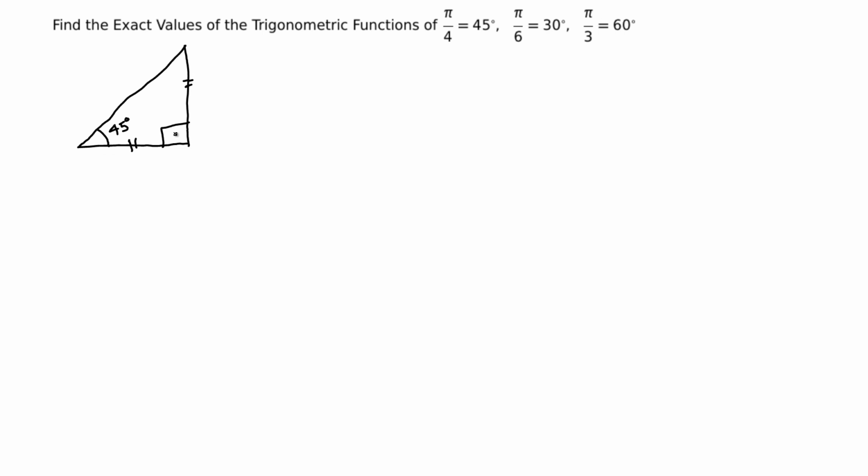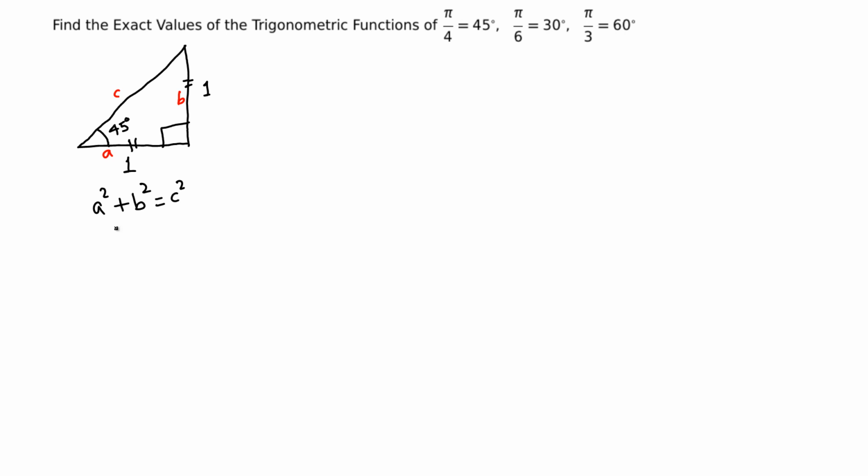So for simplicity, if we take this side as, say, a, but let's take an even easier 1, then this is also 1. As we know, this is adjacent A, opposite B, and hypotenuse C. Now we need to find the length of C. For that we use the Pythagorean Theorem, a squared plus b squared equals c squared.